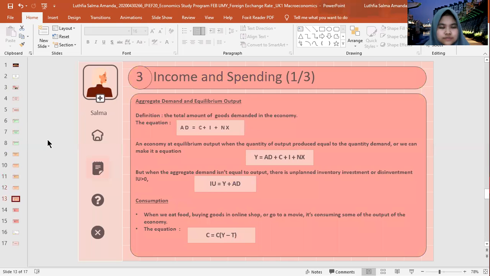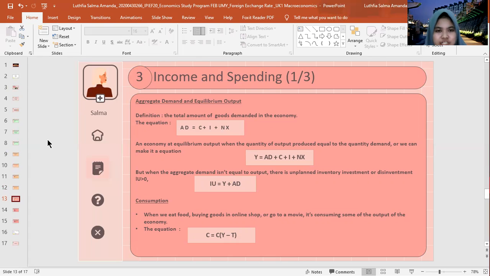And then the third meeting is about income and spending. The definition of aggregate demand is the total amount of goods demanded in the economy.